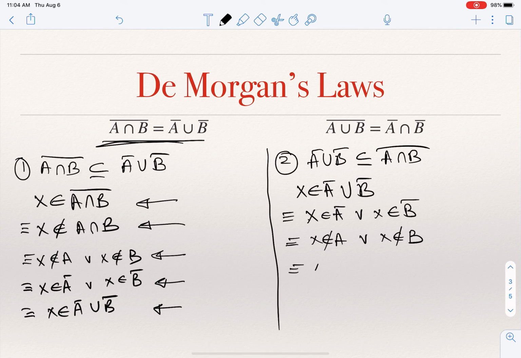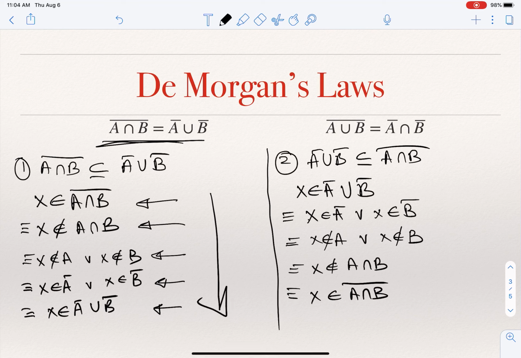This means, or is equivalent to, x is not in the intersection of A and B, and this is equivalent to x is in the complement of the intersection of A and B. Again, if you look at them here, when we went from top to bottom, this is exactly the same. You see it here, okay?